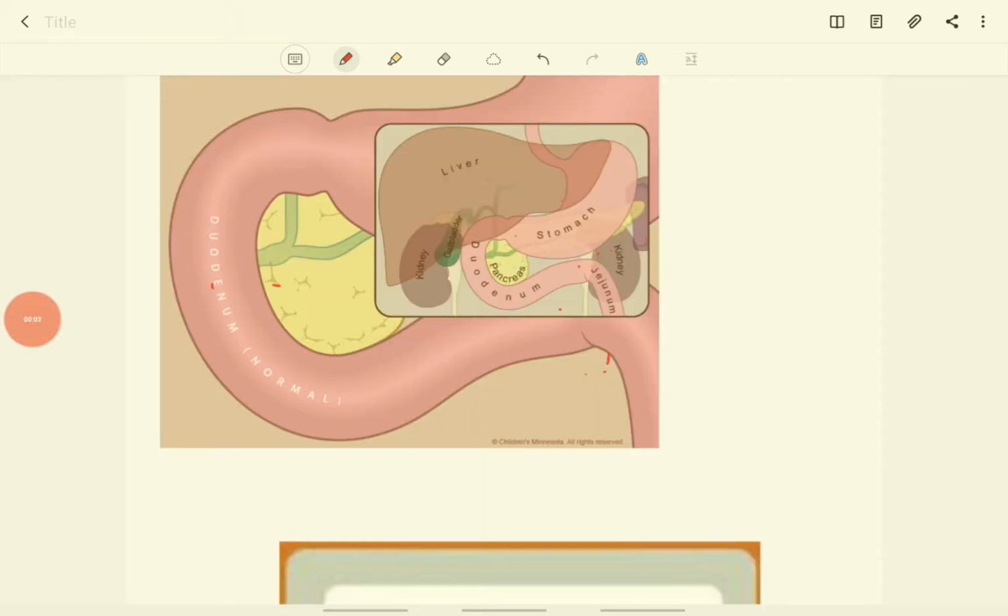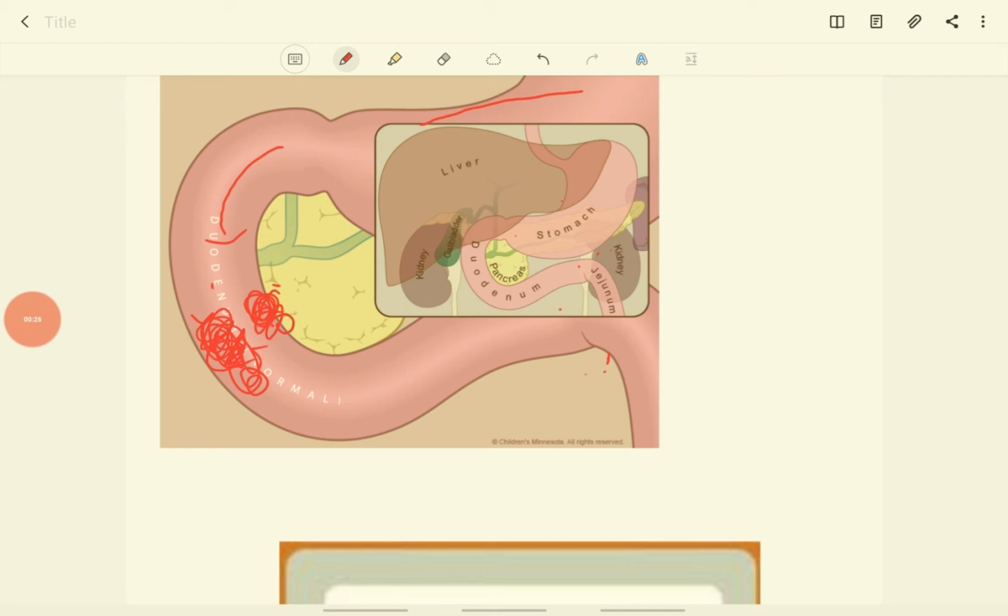Let us go through some pictures to get more clarification. This is the duodenum and this is the stomach area. In case of duodenal atresia, there will be a larger number of cells over here near the proximal area.